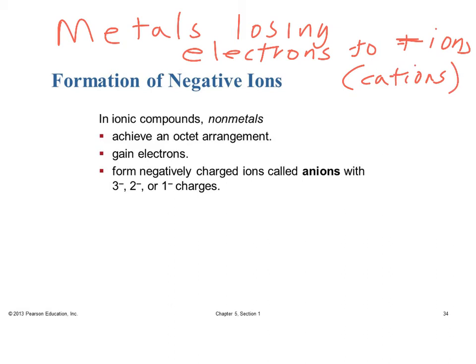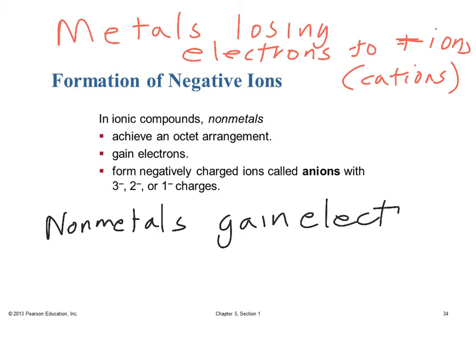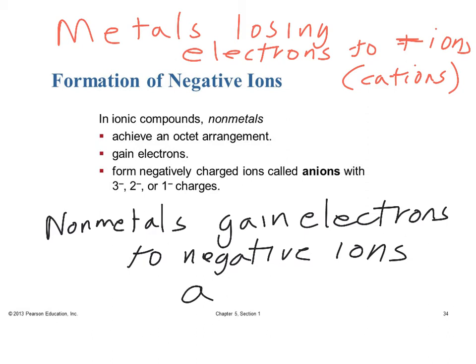Now we're going to see nonmetals gain electrons to form negative ions called anions.